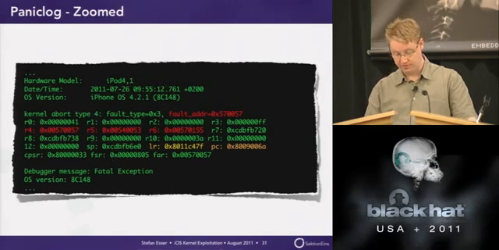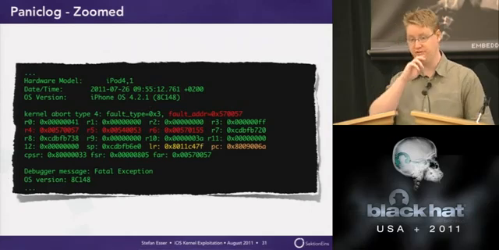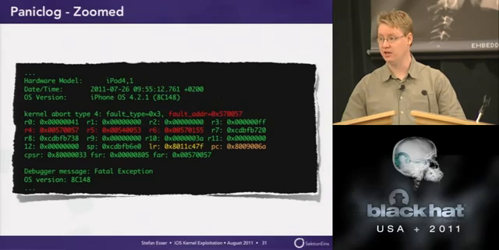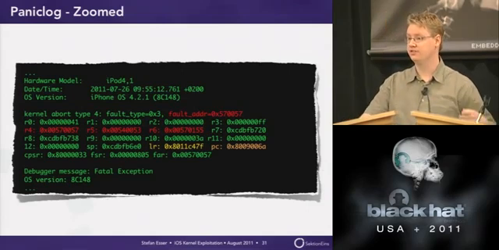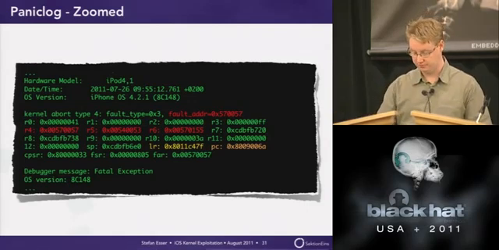You see you control some of the registers, like R4, R5, R6, and you can see where it crashed and where the function was called from, because you see the program counter PC and the link register LR, which is the return address to the previous function.